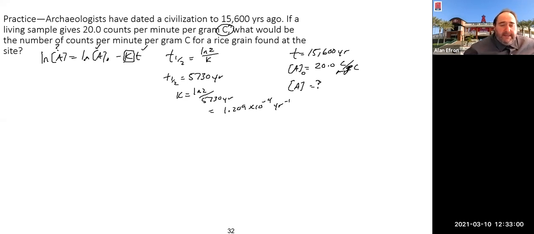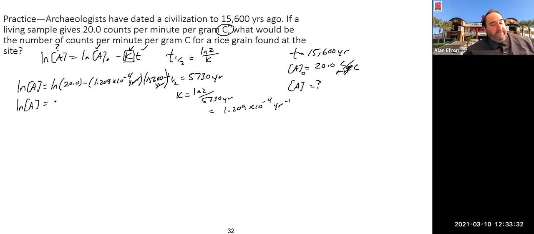At this point, we then have this. Natural log of A equals the natural log of our initial, which is 20, minus our 1.209 times 10 to the minus 4 reciprocal years times our 15,600 years. Years will cancel each other out. We're going to clean up everything on the right.